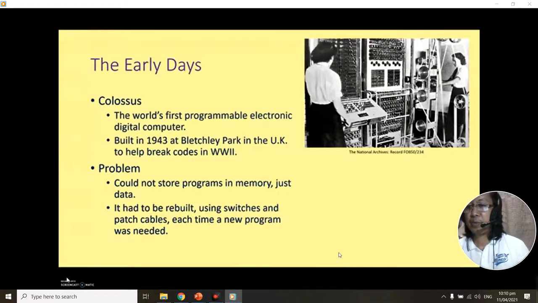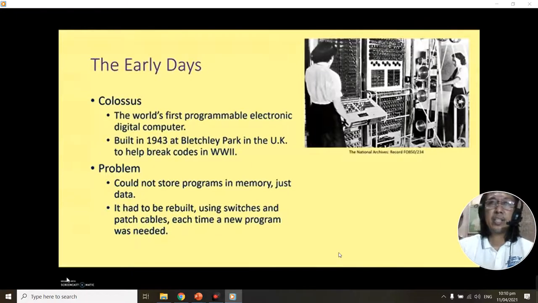So imagine if you want your computer to run something else, you have to remove some wires, and then it will take you weeks to rewire it somehow, so that it could do something else or reprogram it.